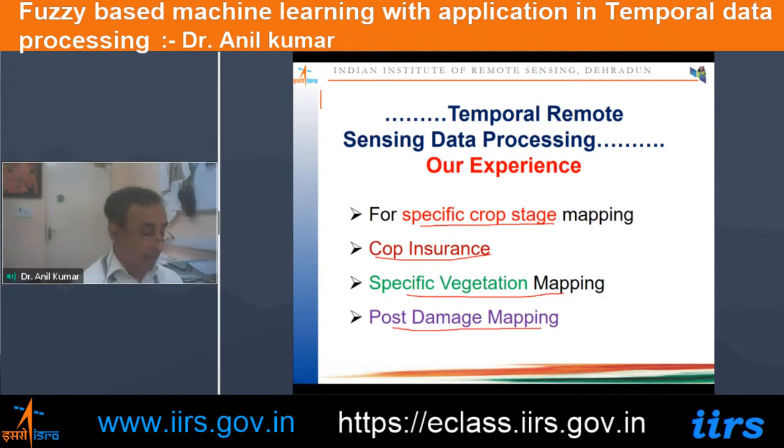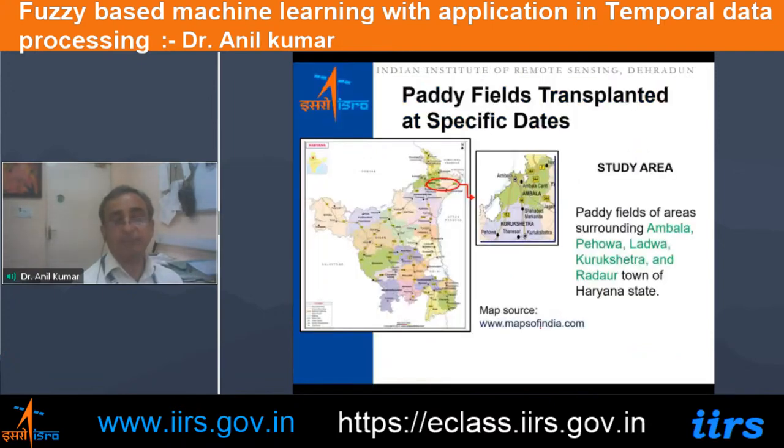Even in urban areas, you can map the area which has been converted from open space to building. So here you can see really live examples, experiments we have conducted through MTech and MSc students, or even PhD students also.